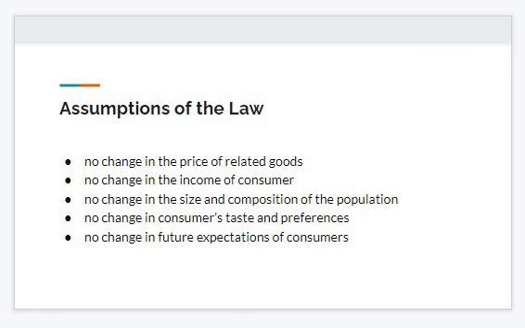The assumptions are: number 1, there is no change in the price of related goods. Number 2, there is no change in the income of the consumer. Number 3, there is no change in the size and composition of the population. Number 4, there is no change in consumers' tastes and preferences. And number 5, there is no change in future expectations of consumers.